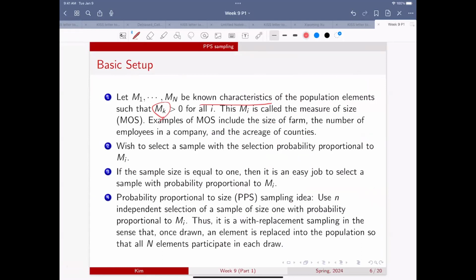We wish to select a sample with selection probability proportional to Mi. If the sample size is equal to 1, for example in a CSS, we also use this kind of sampling, selecting with probability proportional to size.